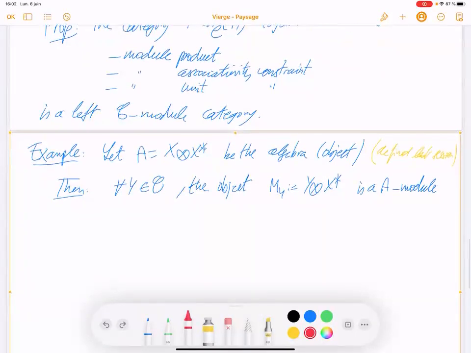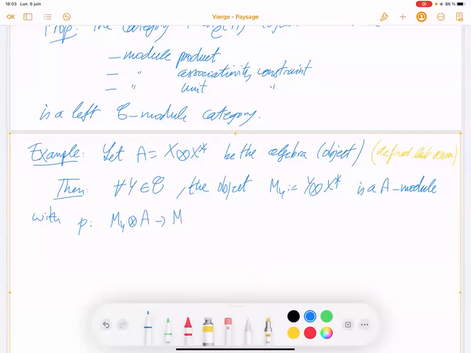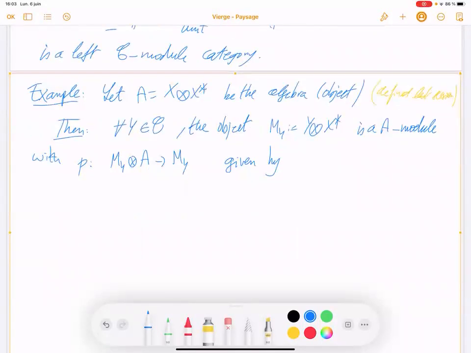So why is this a module? So what is the morphism P? It should be from y tensor x star tensor A to y tensor x star, defined as follows: y tensor x star tensor x tensor x star goes to y tensor x star.